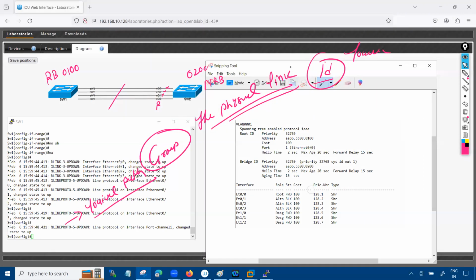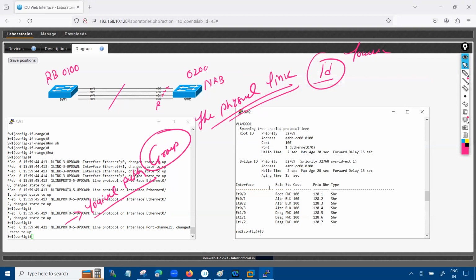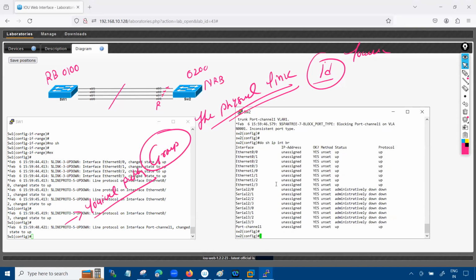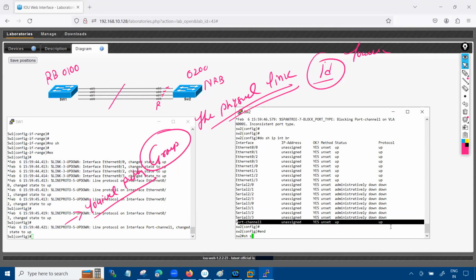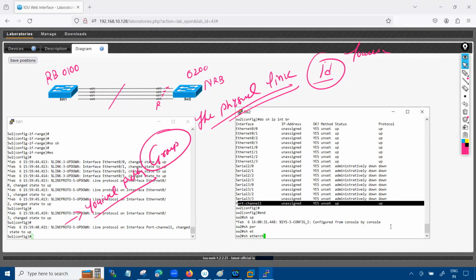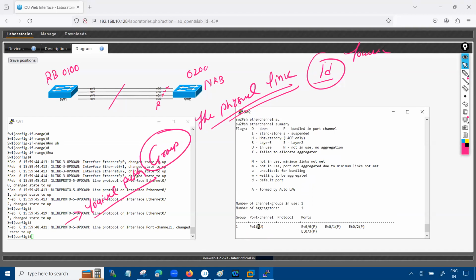Previously I was running the spanning tree protocol on the physical media, right? Now I have a logical link. Do show ip interface brief. My port channel is up right now. And if you do show etherchannel summary, you can see my port channel Po1, and these are the links that we have bundled.